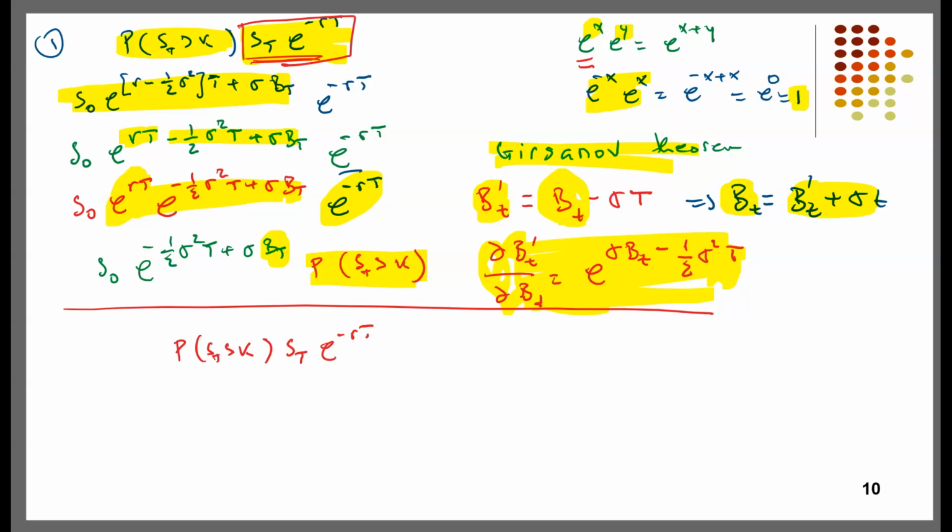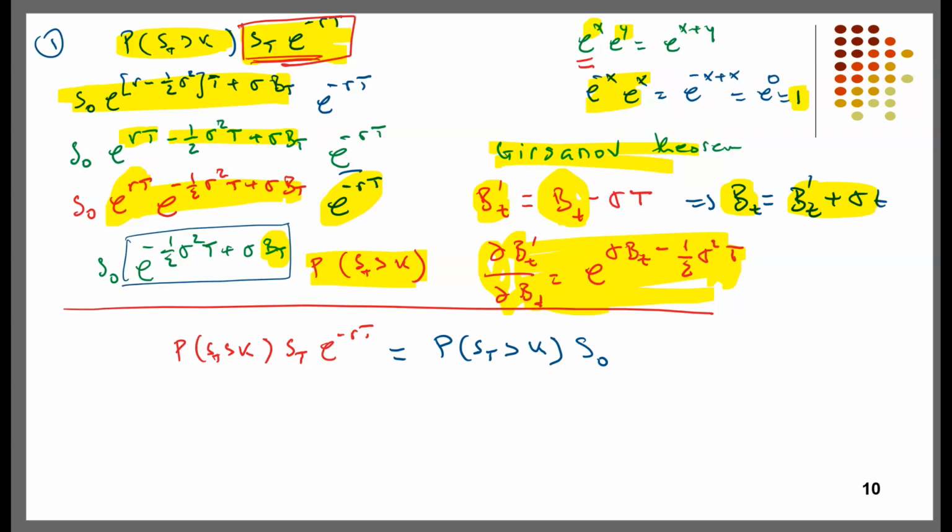It would be equal to P of ST greater than K multiplied by S0, and the reason is that this term here would be equal to 1.